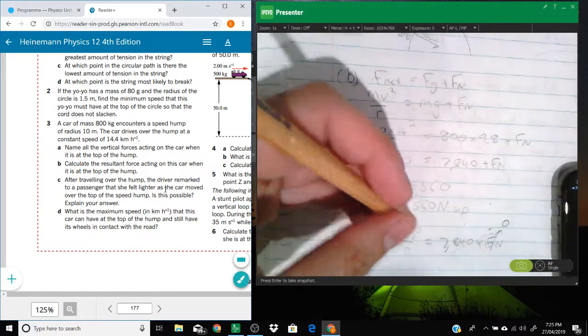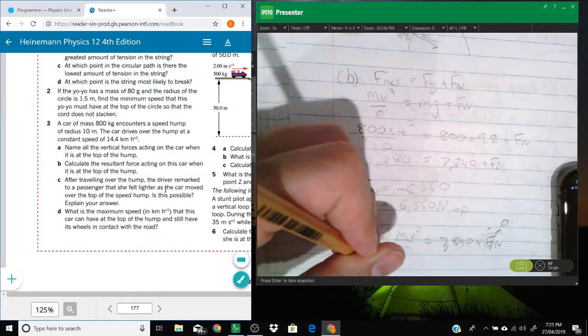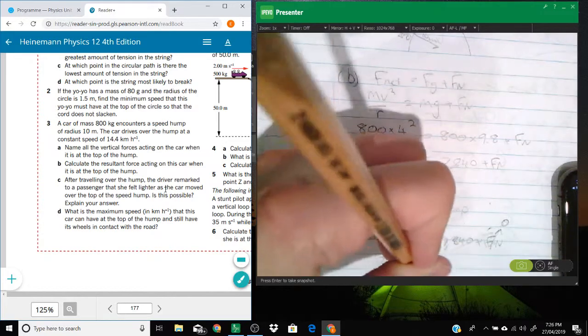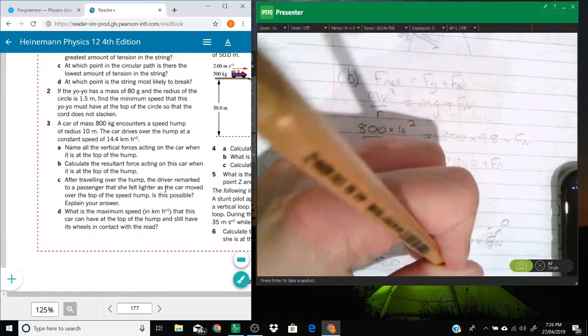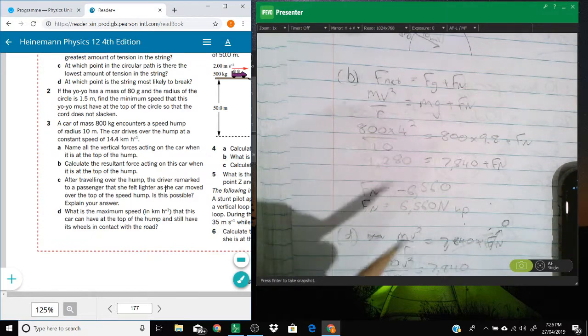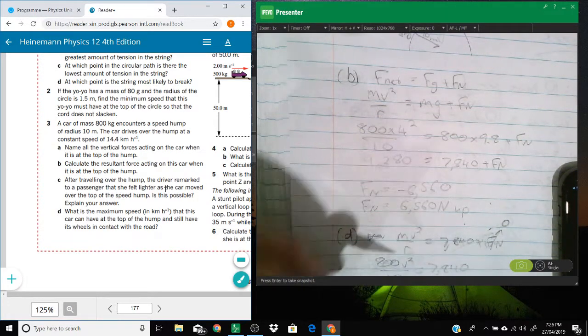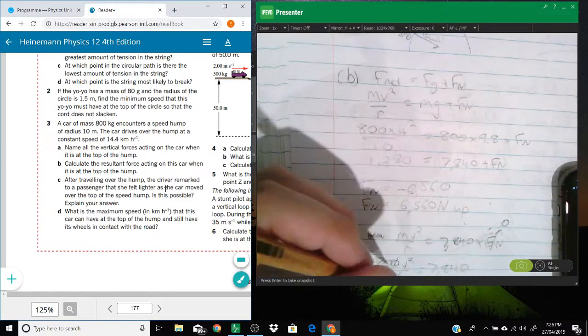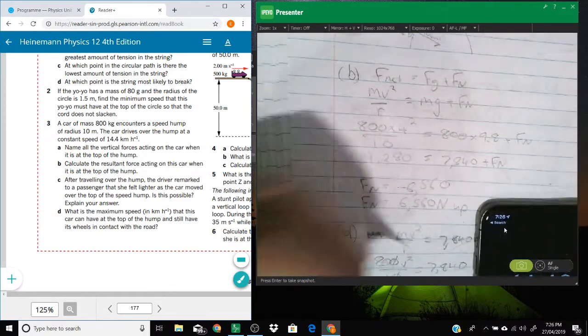Fn's gone to 0. Let's put in the rest of the known variables. 800 v squared on 10 equals 7,840. That's the weight force. But then normal force is gone to 0. So then we can cancel, just basically divide that by 80, and you've got v squared.